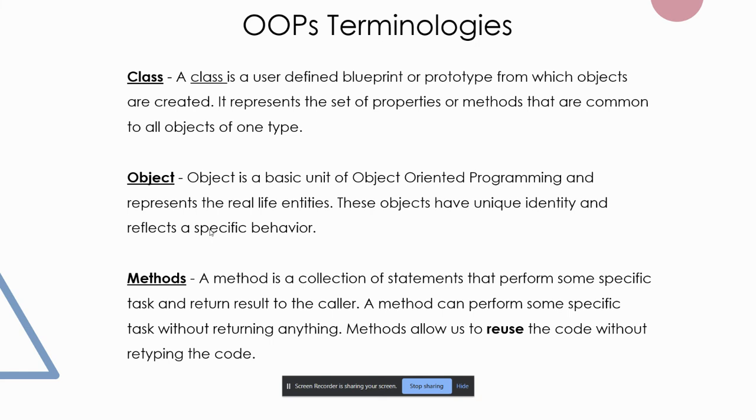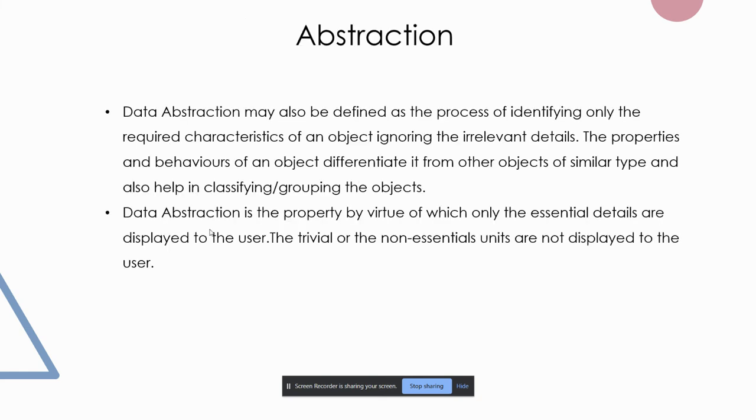Now, let's talk about four pillars of OOPS. First is abstraction. Abstraction is the property by virtue of which only the essential details are displayed to the user. The trivial or the non-essential units are not displayed to the user. Example, a car is viewed as a car rather than its individual components. Data abstraction may also be defined as process of identifying only the required characteristics of the object, ignoring the irrelevant details.